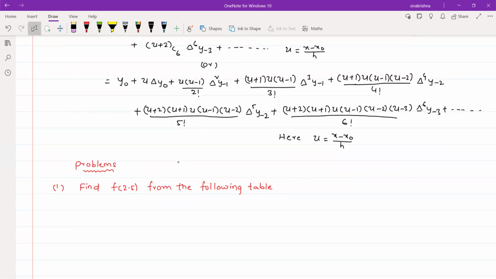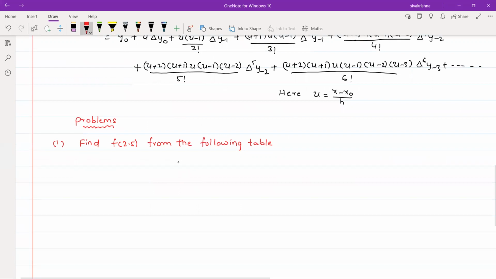Here we have to use Gauss forward interpolation formula. The table is x, f of x, and the x values are 1, 2, 3 and 4, and the corresponding f of x values are 1, 8, 27 and 64.